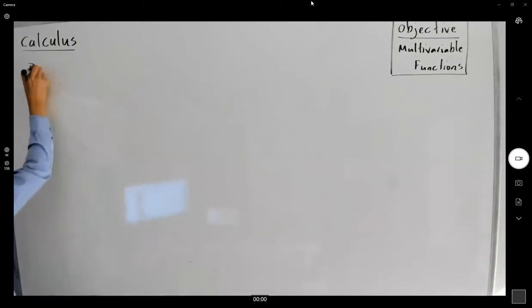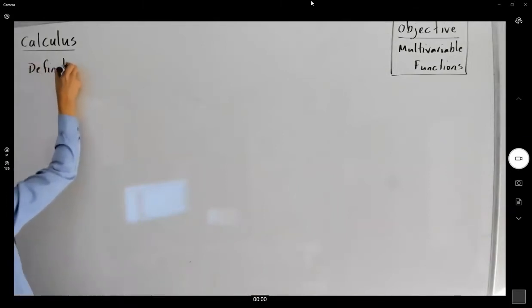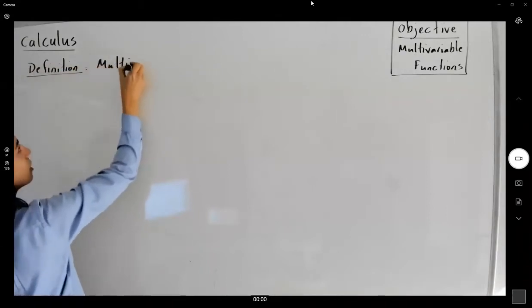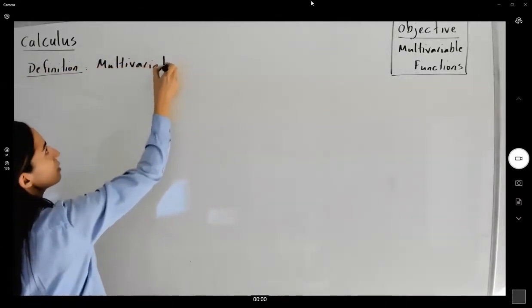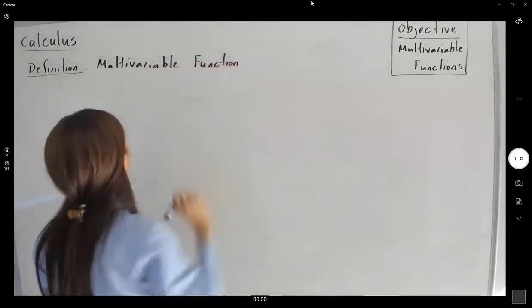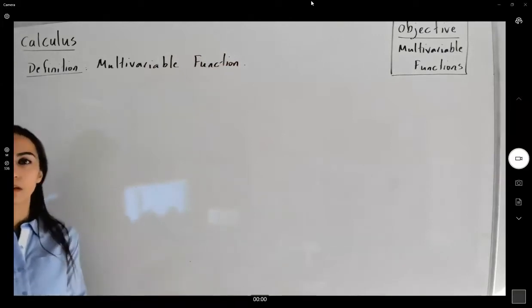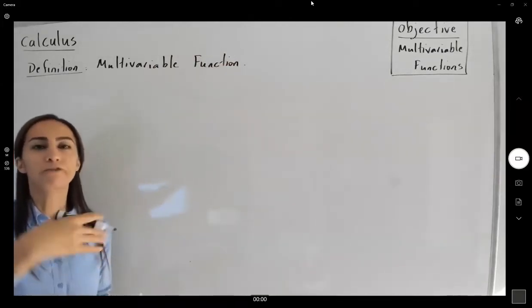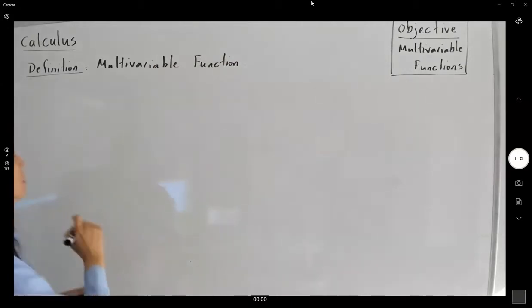Definition of multi-variable function. A multi-variable function is a function with multiple free variables.